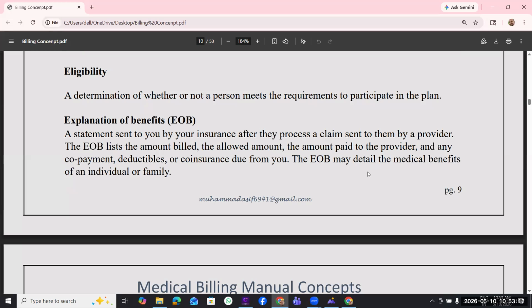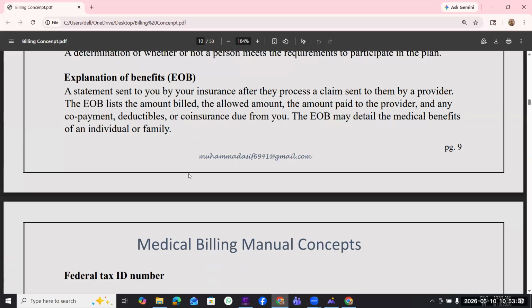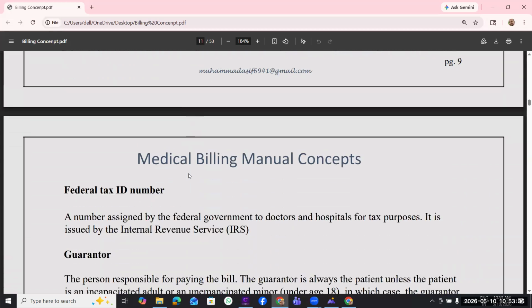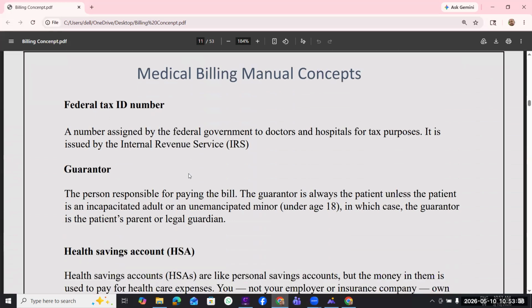The EOB may detail the medical benefits of an individual or family. So this is called EOB, the receipt sent by the insurance company to the provider and the patient, showing how much money they paid and how much is remaining, with reasons like denial reasons. All these details are here. So EOB is posted after sending the claim to the insurance company, then they send the details.